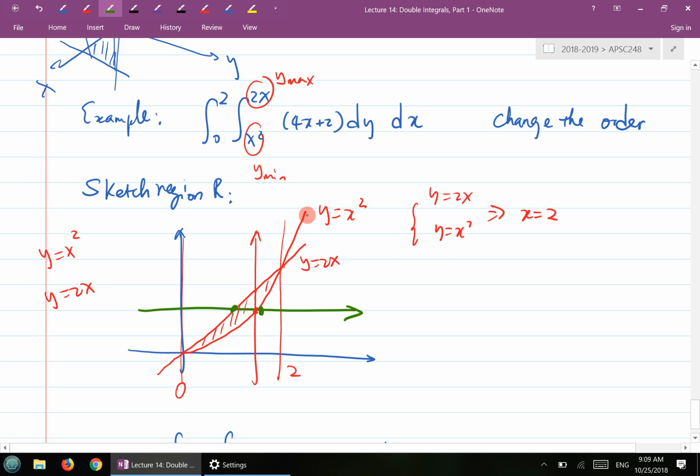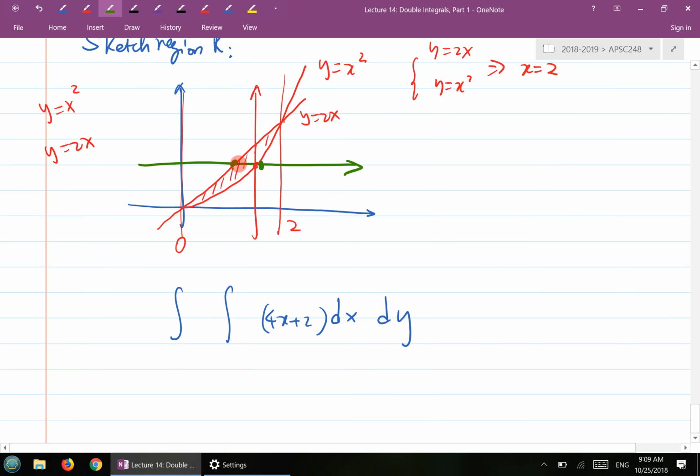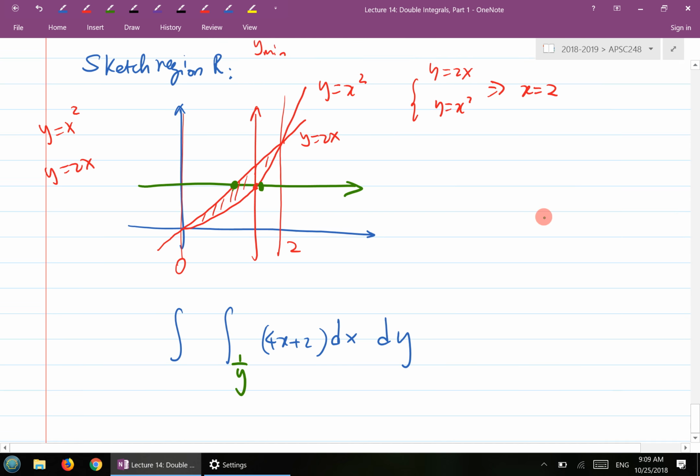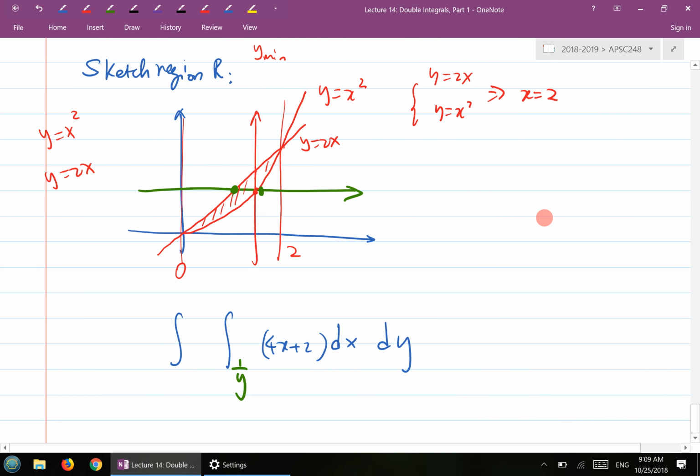So what will be the x min in this case? x equal to 1 over 2y. And what will be the x max then?